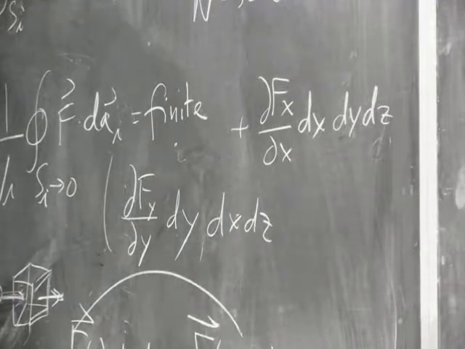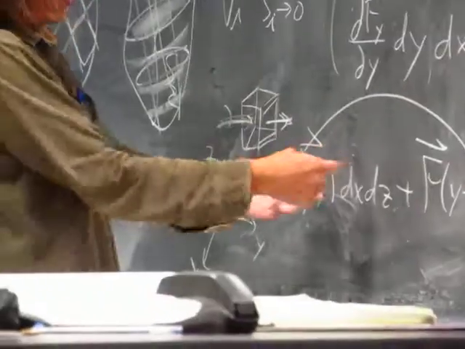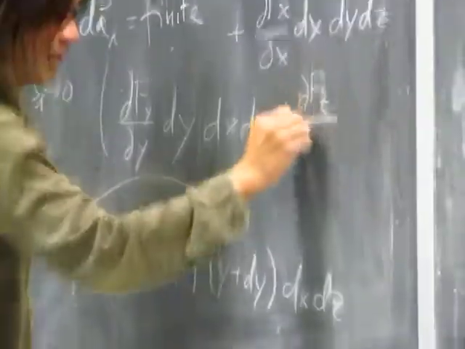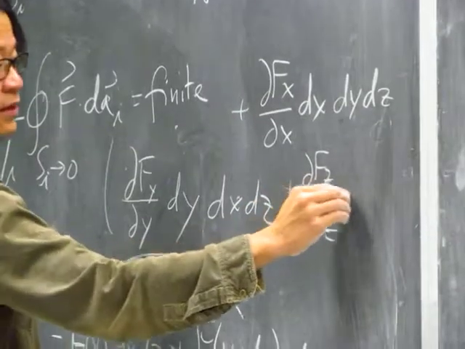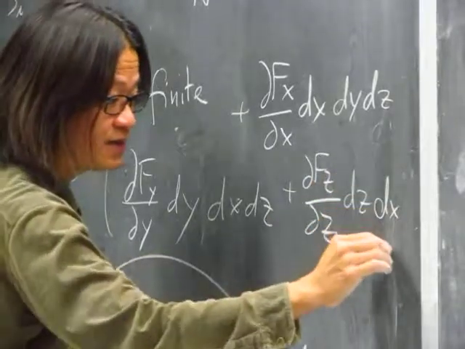That's the flux along this direction. But there's also another flux along the z direction, and if you do it right, it gives dFz/dz delta z, and the area is dx dy.